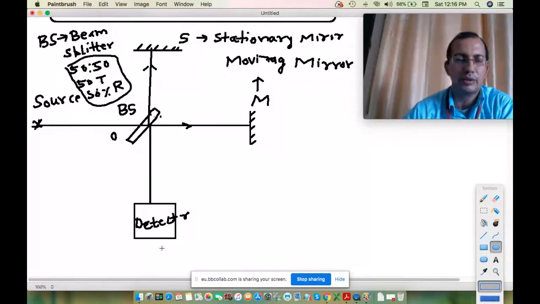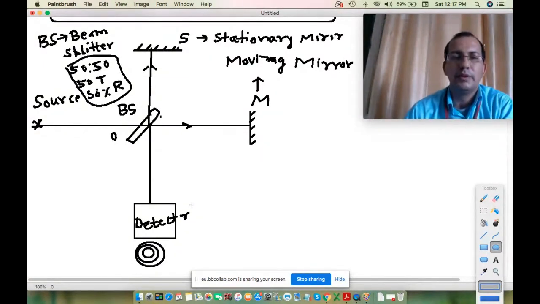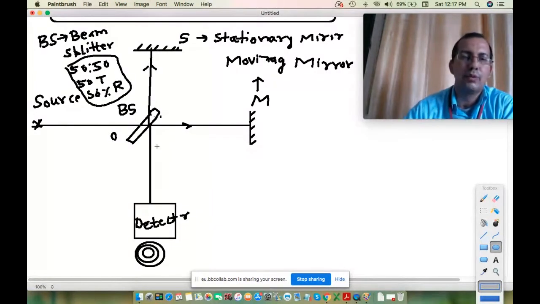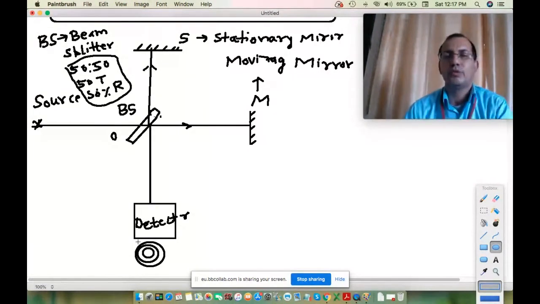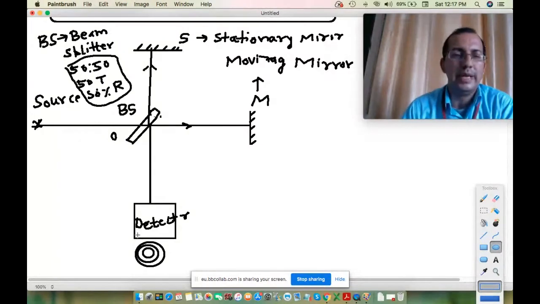You would have the interference fringes which are generated like this, and they will be seen because the light beams reflected from M and S both overlap in the beam splitter, and then they propagate in this direction towards the detector. So you would have the interference pattern which is being detected by the detector.